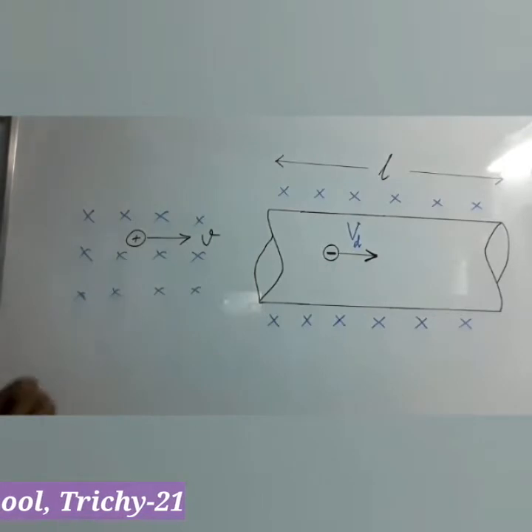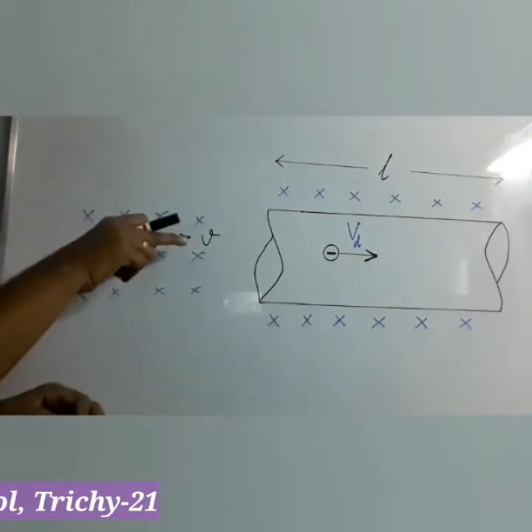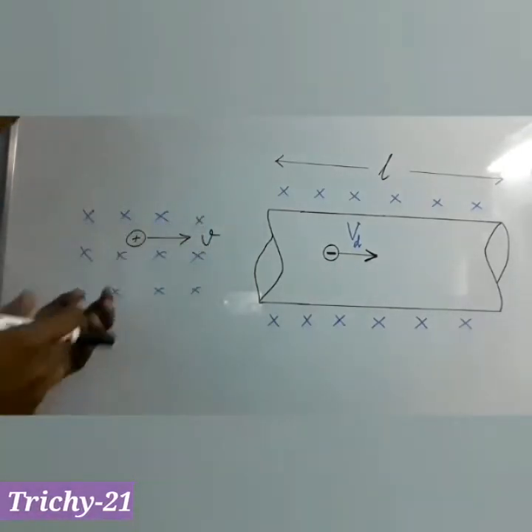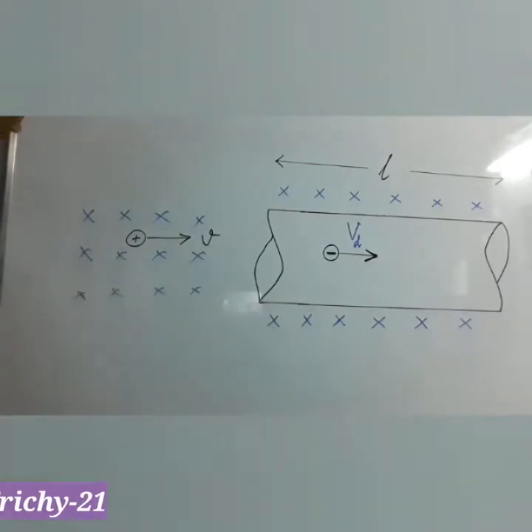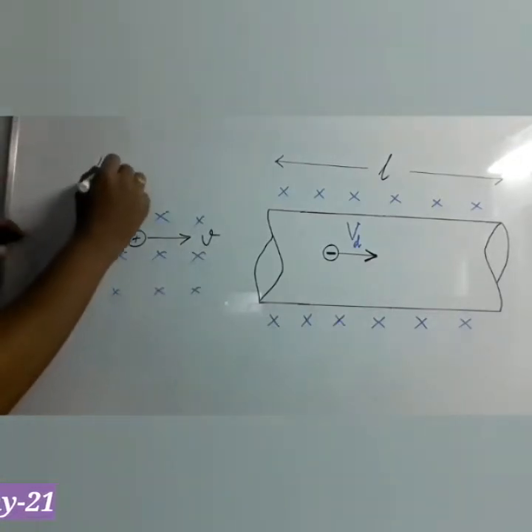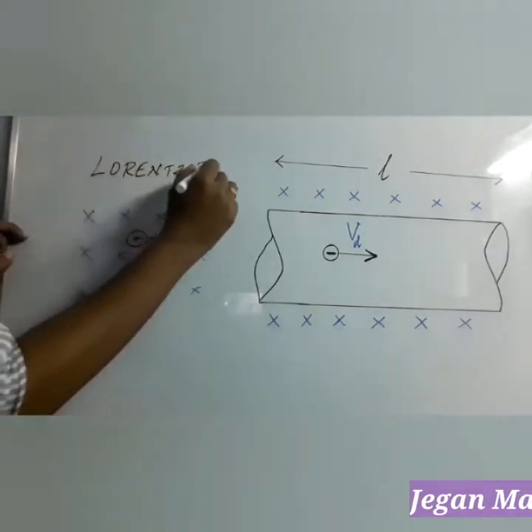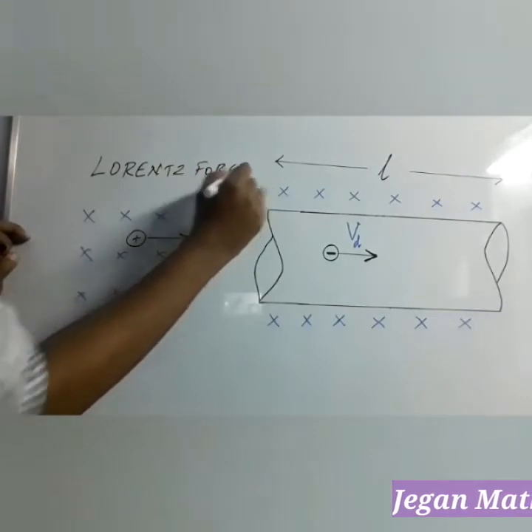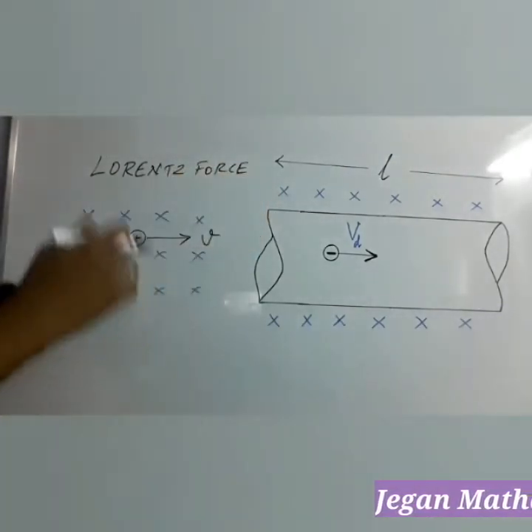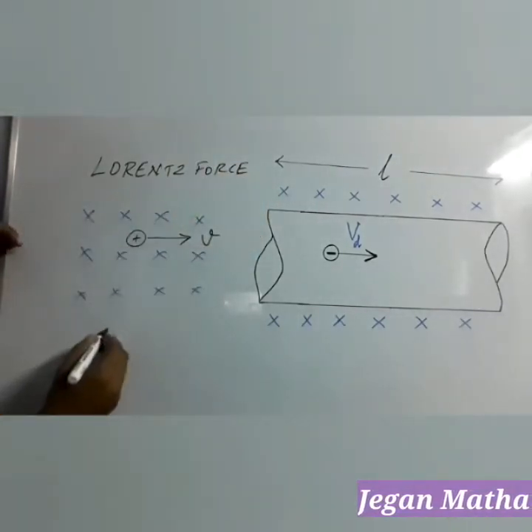Now this moving charge in the magnetic field will experience a force which is known as magnetic force. It is also called the Lorentz force. So the moving charges in the magnetic field will experience the force called Lorentz force.